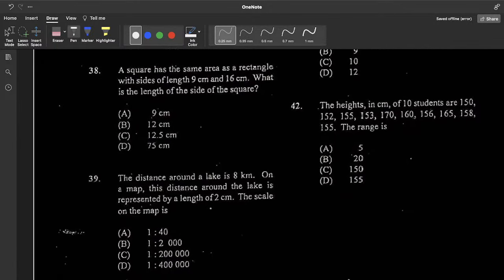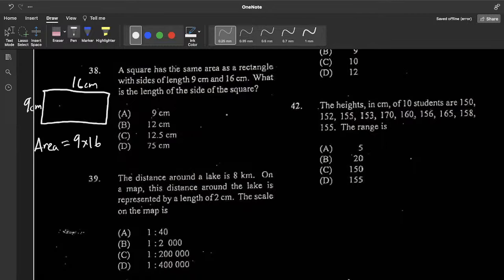It says now a square has the same area as a rectangle with sides of length 9 and 16. Okay, so we have a rectangle. It's 16 here, 9 here. So we're saying that this has a particular area, which would be 9 times 16. That's the area of this here.